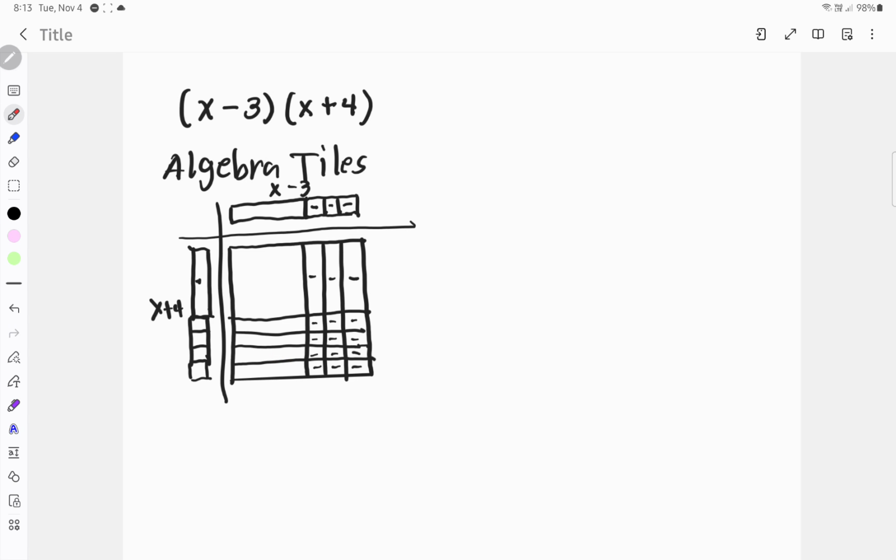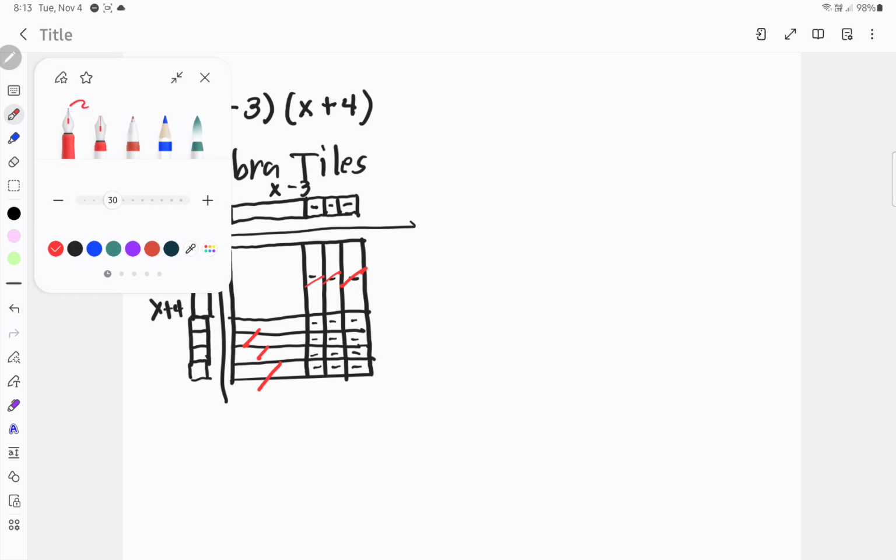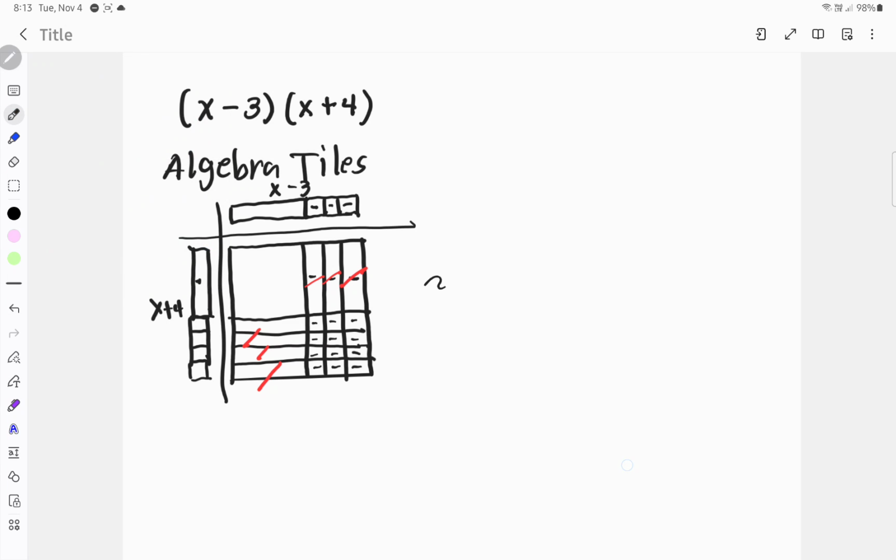So I'm going to remove this one and this one because that's a positive and a negative. They will negate each other. It would be 0. Another one here and this one, and another one here and this one. So what is left would be the answer. We can now write our answer as x squared plus x, then count the number of small squares, that is minus 12.